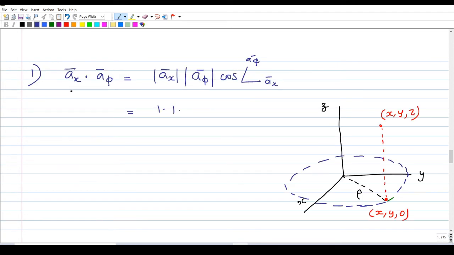So first one is ax dot a phi. So ax dot a phi is magnitude of ax multiplied by magnitude of a phi into cosine of the angle between them. So magnitudes are 1. We need the angle. So I have redrawn the diagram, the coordinate system, here.